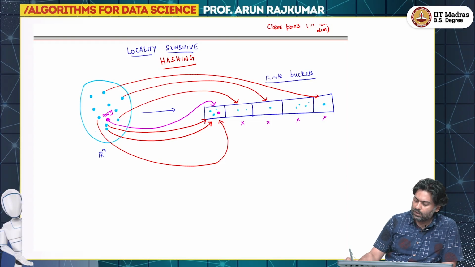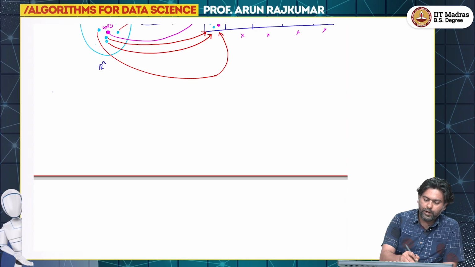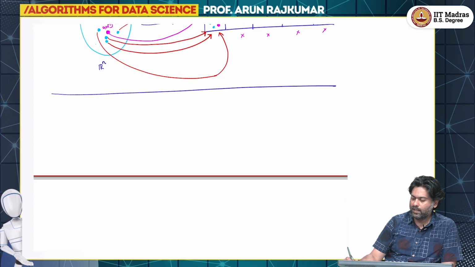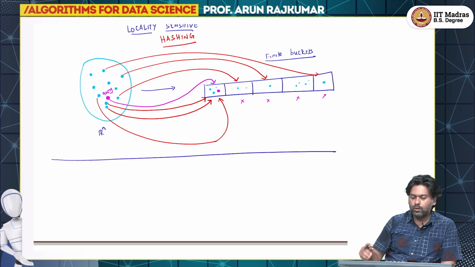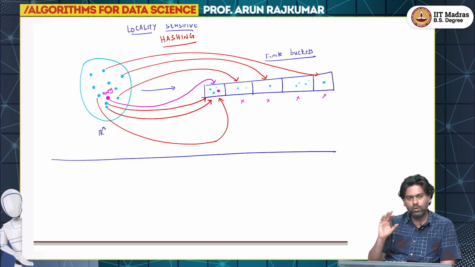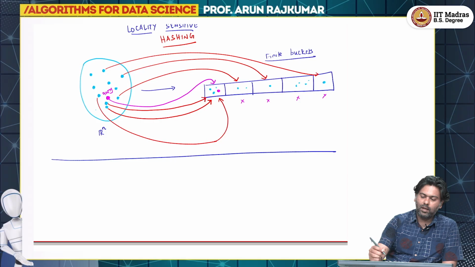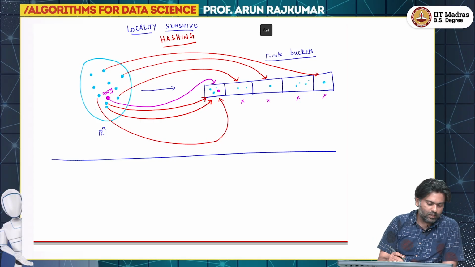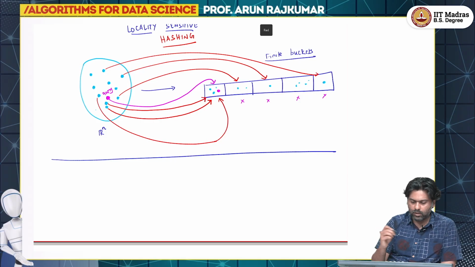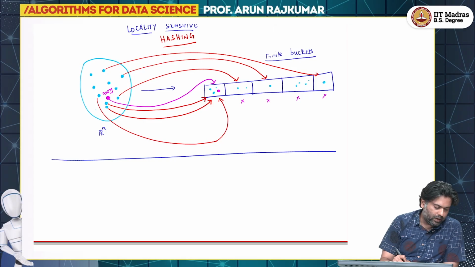So, let's get a little bit formal and try to define what exactly we want. Somehow closer points should get into the same bucket, but let us dig a little bit deeper into this intuition and see how exactly we can define this process. Here is a formal definition.